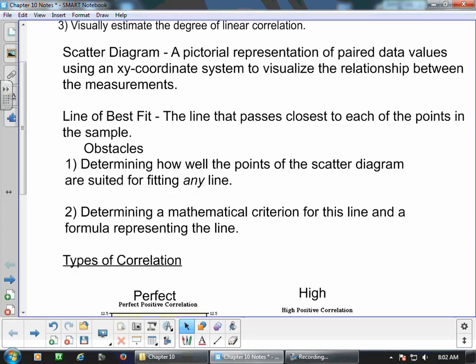And then if so, how do we come up with that line? So those are the two problems we have to overcome here. And this first section is going to talk about that first obstacle almost completely: do the data fit a line? Plural.